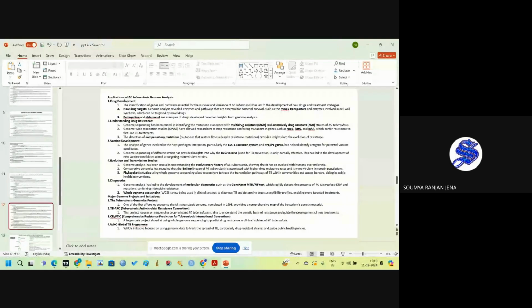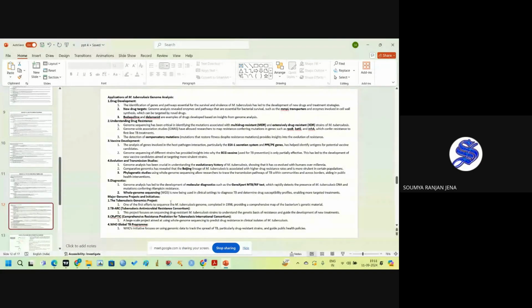For diagnostics, after analysis of the genome, molecular diagnostics such as the GeneXpert MTB/RIF test rapidly detect the presence of tuberculosis DNA, and whole genome sequencing is also used for profiling of this Mycobacterium tuberculosis species. And here are some genome project initiatives for tuberculosis.